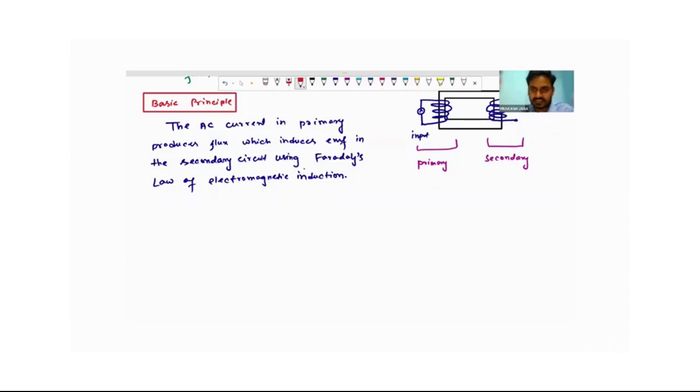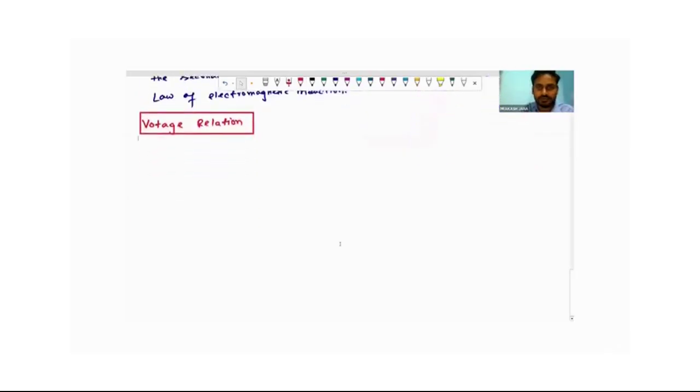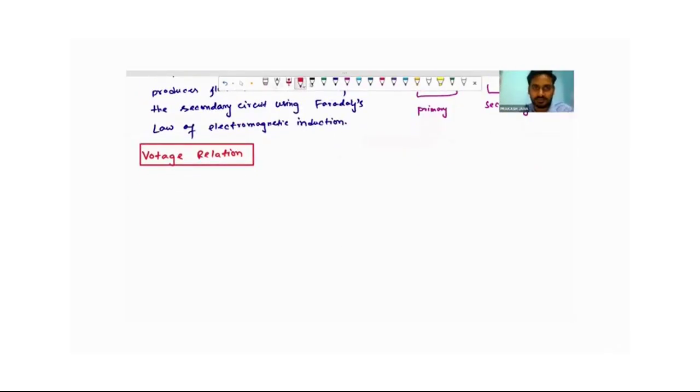So the voltage relation. Suppose the voltages that will be induced are Vp in the primary and Vs in the secondary. How many turns are there? Suppose Np is the number of turns in the primary coil and Ns is the number of turns in the secondary.